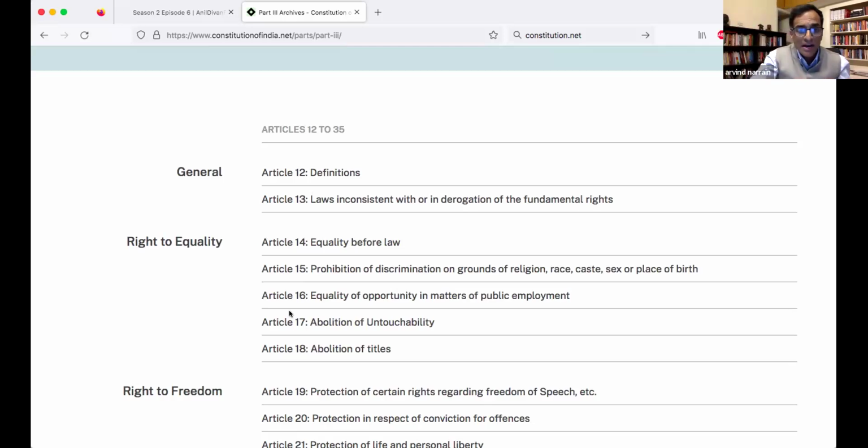We addressed the relationship between 14, 15.4, 16.4, and 17. We looked at prohibition of untouchability and the concept of formal equality in 14 and substantive equality in 15.4 and 16.4. That's, very broadly, synoptically, what we did with respect to the right to equality.